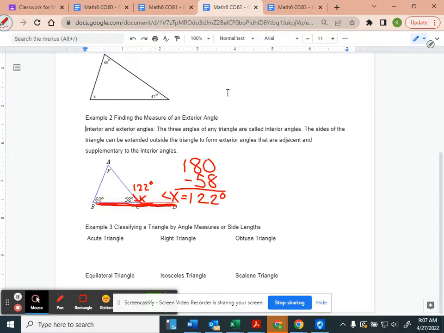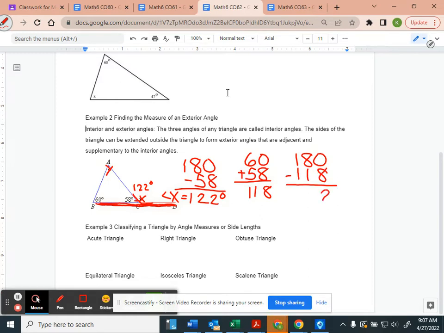How do we find angle Y? Nick? You add 60 plus 50. We add the other two interior angles, and then we do what? And then you subtract 180 minus 100.